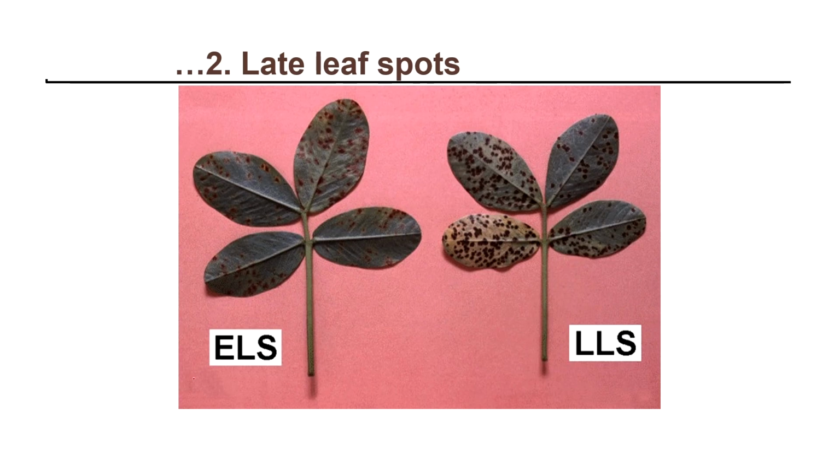You can see the differences in late leaf spot and early leaf spot. On the left side you have early leaf spot, you can see these reddish brown spots here. The spots are reddish brown, and on the right side they are blackish or dark brown in late leaf spot. This is a very minor difference between these two, and people get confused about early leaf spot and late leaf spot, although the causal organisms are different.